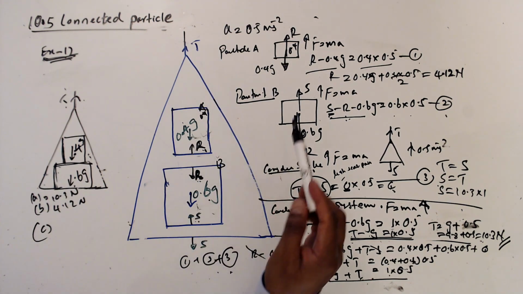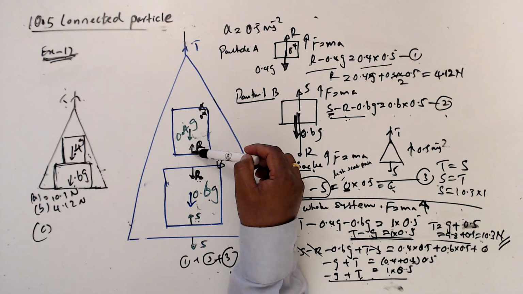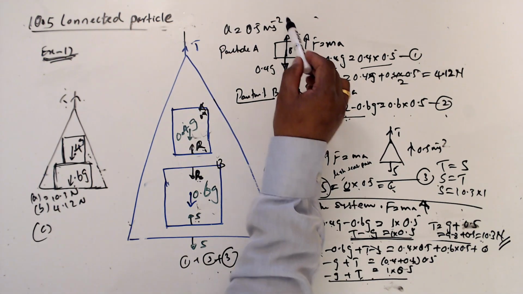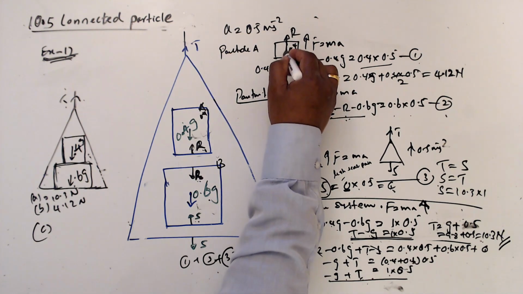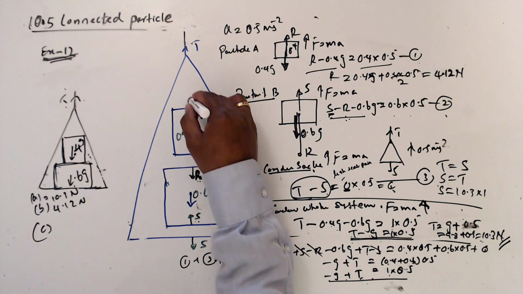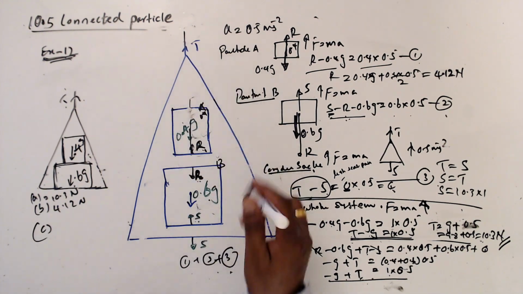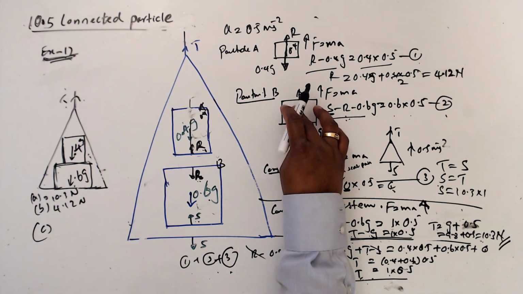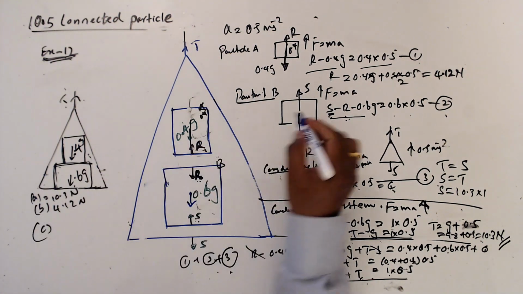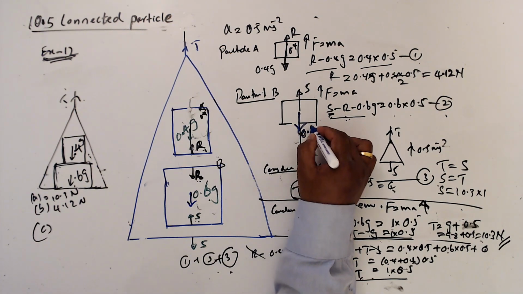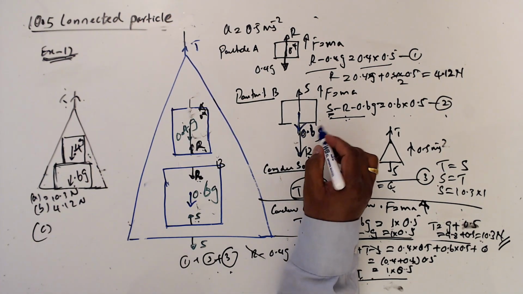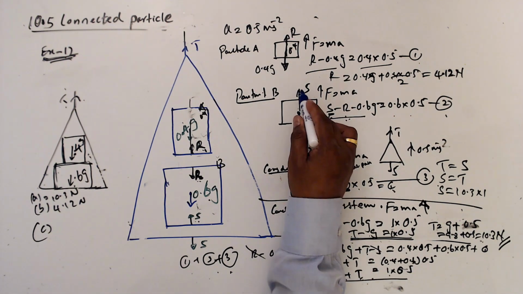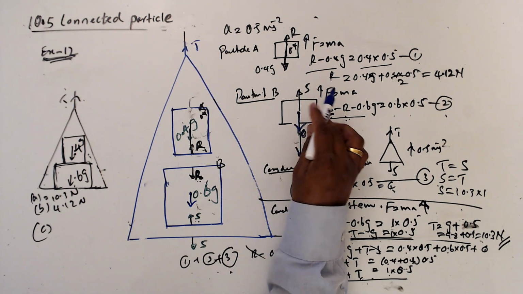So sometimes they may draw it in this form. So this is R and this is 0.4G weight. So they will draw it like this, R upward and 0.4G. That is fine, and they both should be in one line. And this is also the same. S is upward, R downward, and 0.6G also in the same line. If it is not in the same direction, the same line, what will happen?